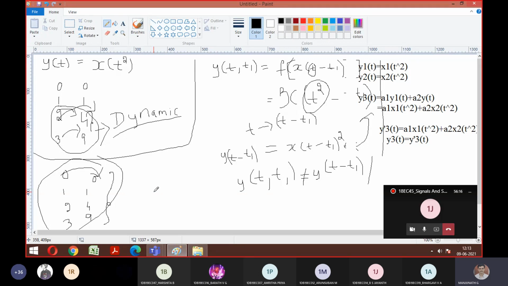See, that is the way you need to analyze, guys. If the question was t into x of t, then what is the answer? It's unbounded, sir, so it's unstable. So you can conclude that this time, this is the extra thing. I think in the last class I told you, right? This is the extra thing which is multiplied to this. If it is only x of t, it is bounded. If I make some extra t, it is unbounded.